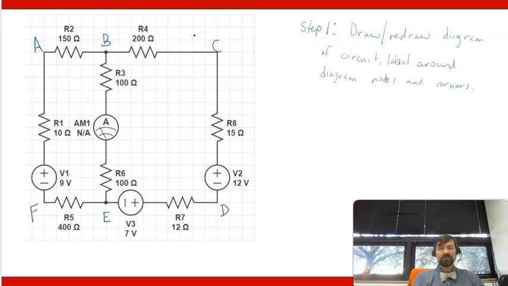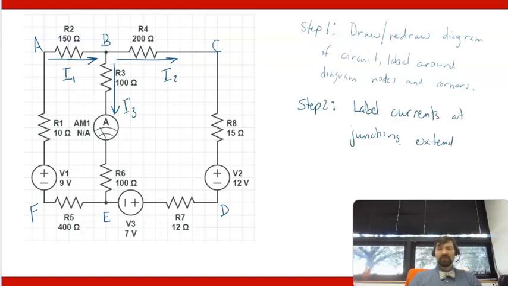So I'm going to start at point A and say that this current right here, I'm going to call current I1. And then I'm going to bring current I2 out of the junction and current I3 out of the junction. And so I basically labeled going in and coming out.